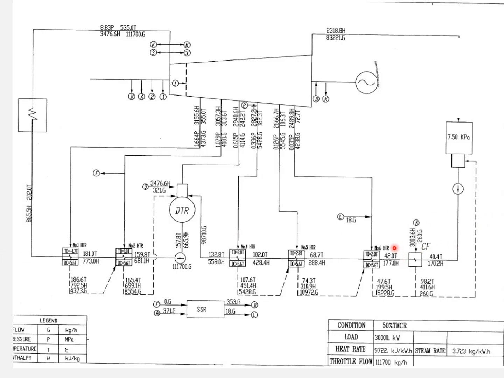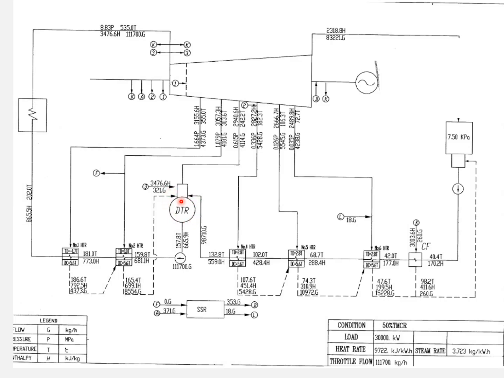If you see, this has 6 stages: number 1, number 2, the generator, number 4, number 5, number 6. Number 6 and number 5 are LP, and number 4, number 2, and number 1 are HP, high pressure heaters.